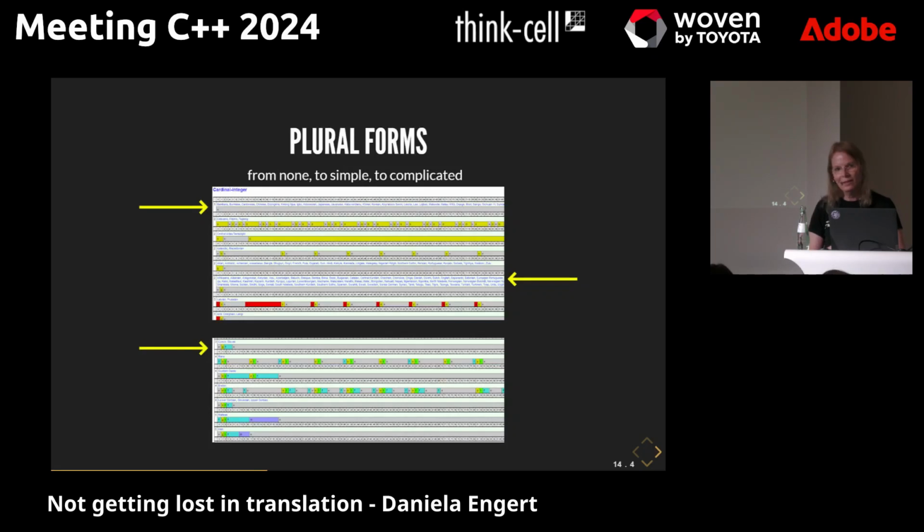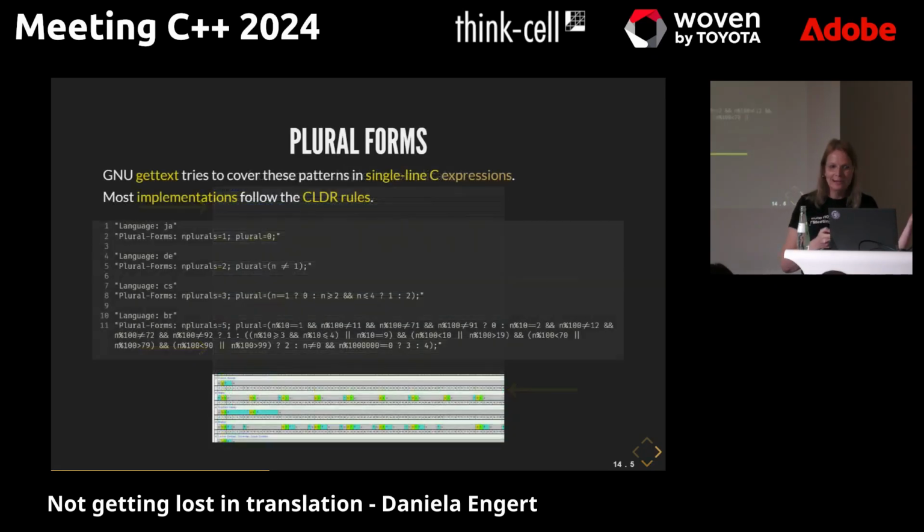This is Czech that I've mentioned before, and we have very complicated rules for a language called Breton, something that is spoken in Brittany, and it's quite similar to Irish. So we can have very simple rules, like the one that you see in lines 1 and 2, for example, Japanese, no plural forms, and in German, for example, it's an Indo-European, we have singular and plural.